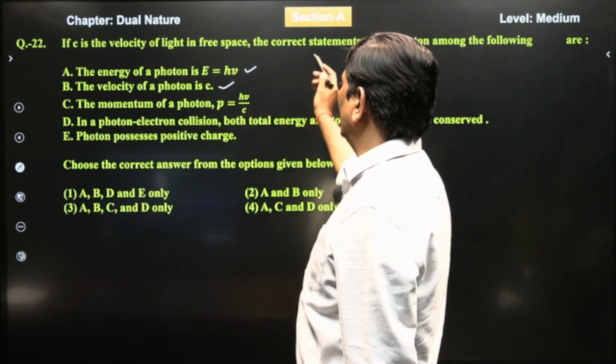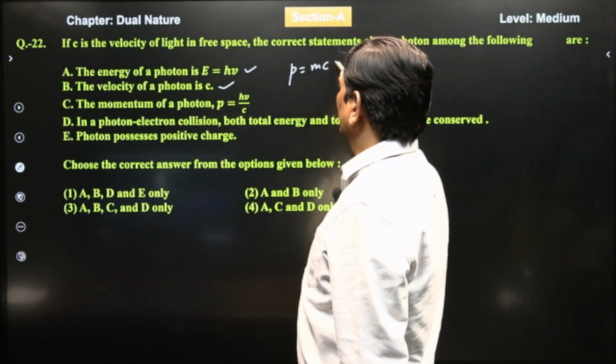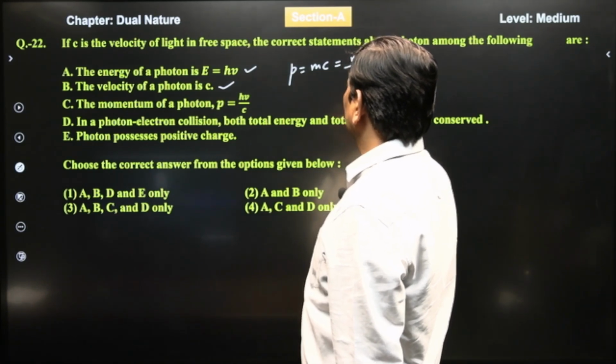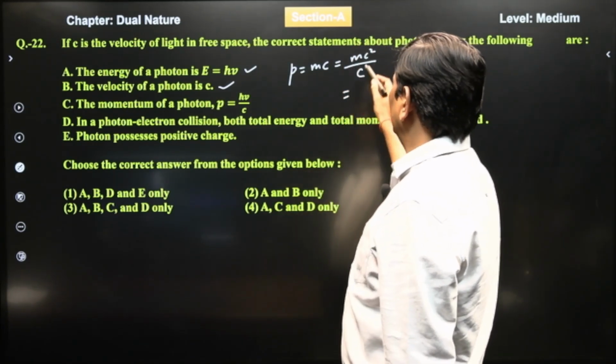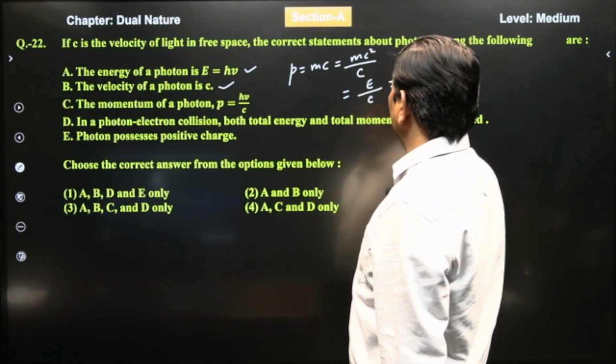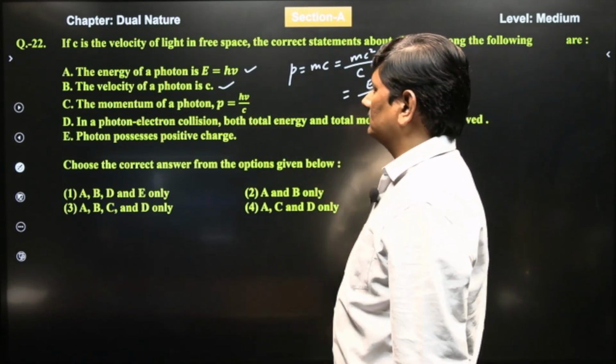Momentum of the photon P, actually it is mc. You can write it as mc square by c. mc square means energy, E divided by c, and further energy means h nu by c. You are getting like that.